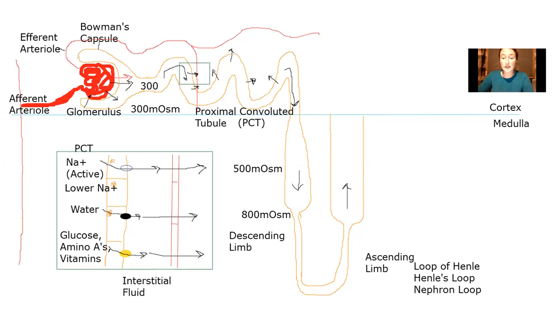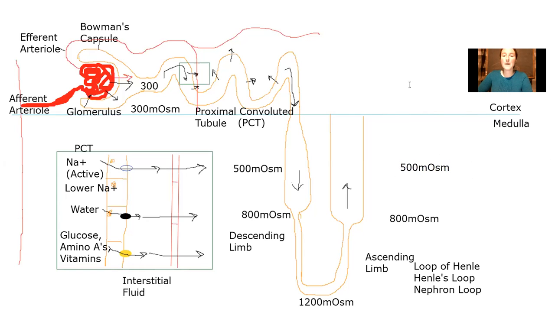Okay, and all the way down here at the bottom, the very deepest, 1200 milliosmoles. Okay, and so this is the same thing on both sides. These nephrons are just suspended within this super concentrated fluid. And that is going to be really important in concentrating the urine, right? Reabsorbing even more water than we already have so far.